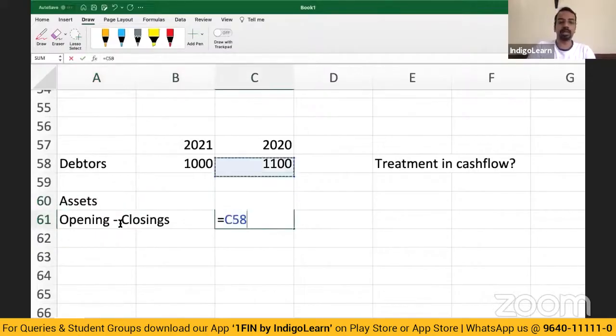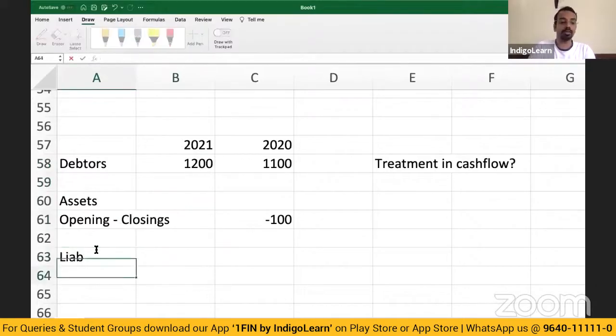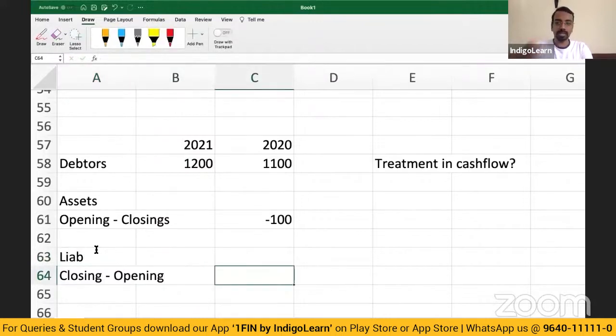What is opening? 1100 minus closing 1000. So 100, add. If debtors were 1200, then minus 100. So you do opening minus closing for assets, and for liabilities you just do the reverse, closing minus opening. Whatever you do for assets, you do the reverse thing for liabilities.